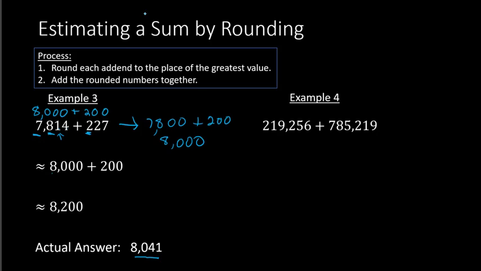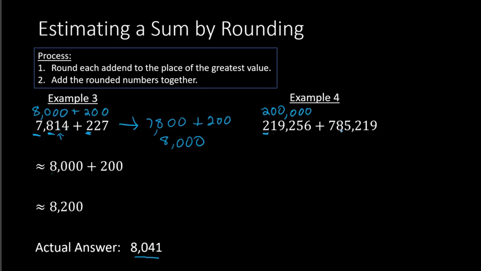So using our method, we're going to round each addend, or each number, to the place of the greatest value. So the 219,256 number, you're going to round the 2 by looking at the number after it. So you're going to look at the 1. Because 1 is smaller than 5, that means the 2 remains as a 2, and the numbers after would be zeros.